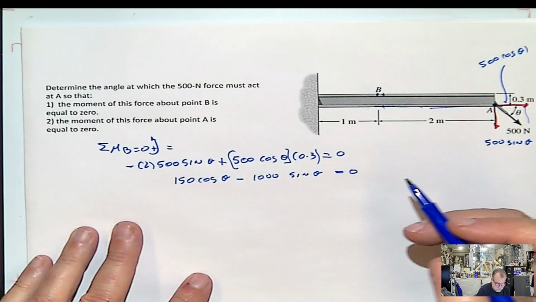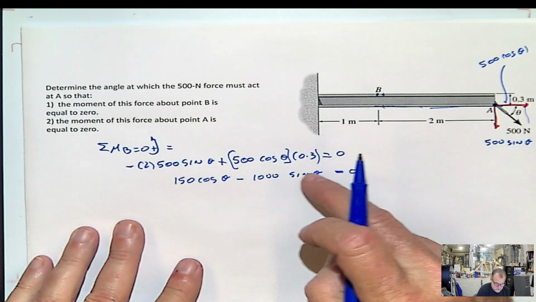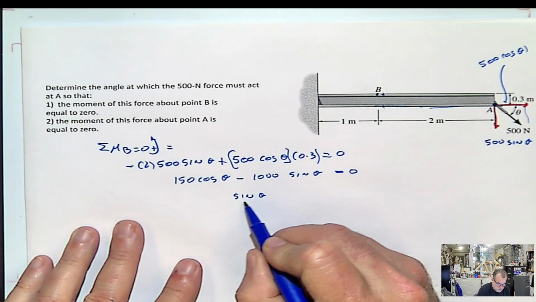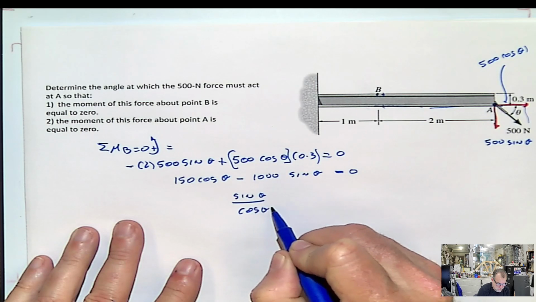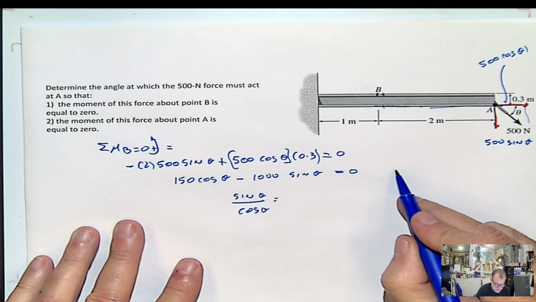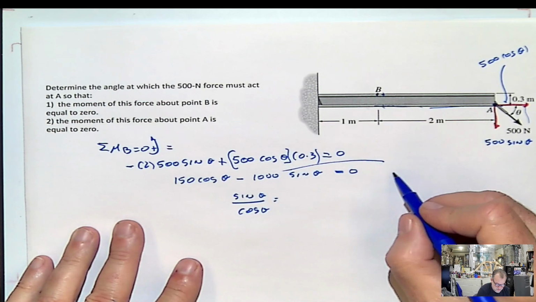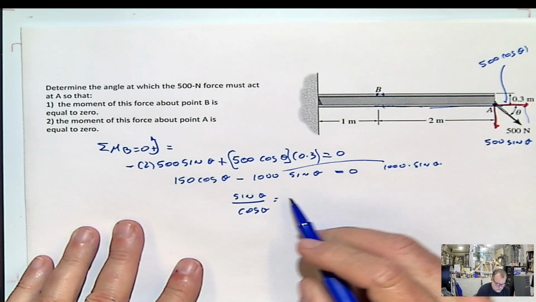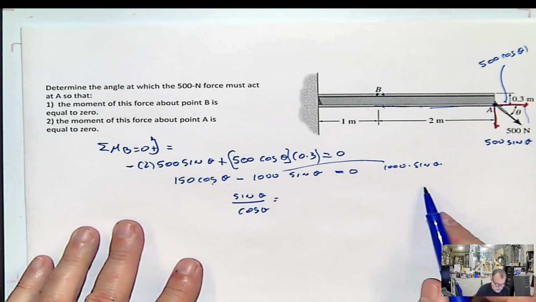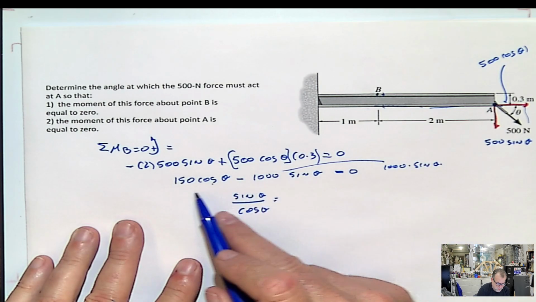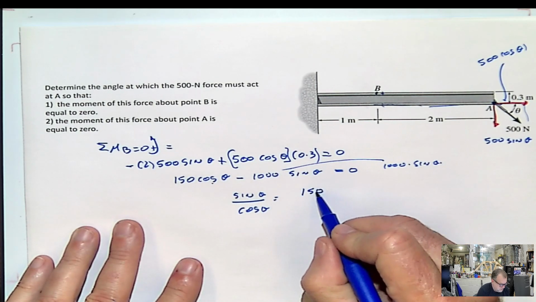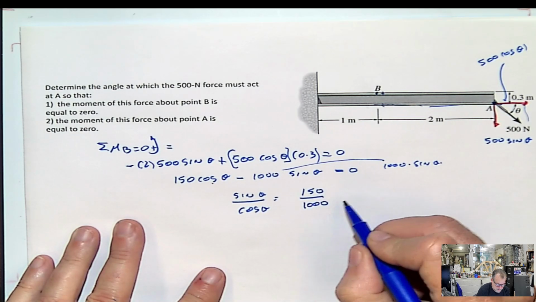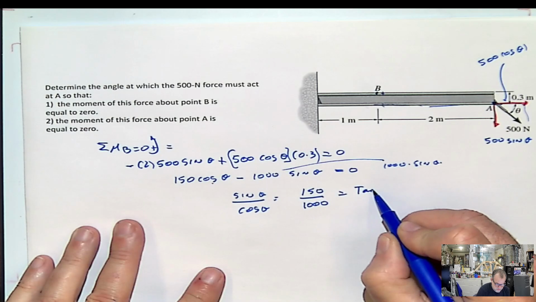And then you can move around and say sine of the angle divided by the cosine of the angle. I mean, I pass this to this side, right? So if I pass this to this side, this is going to be 1000 sine of the angle. So I'm going to divide by cosine here, and I'm going to pass this to the other side, 150 divided by 1000, and that will be the tangent of the angle.